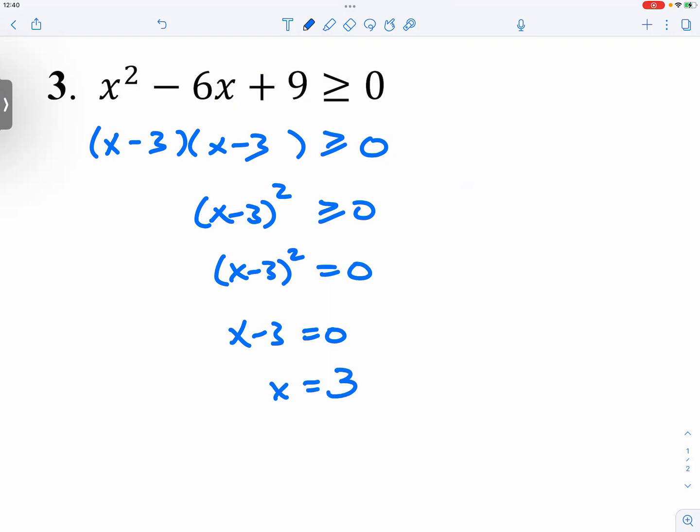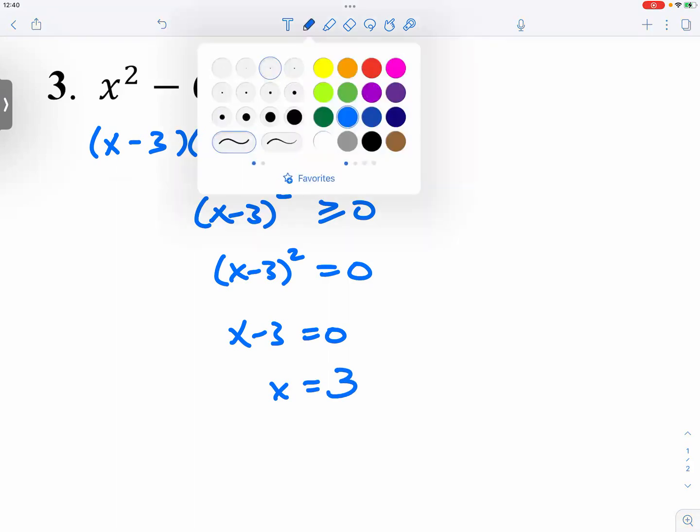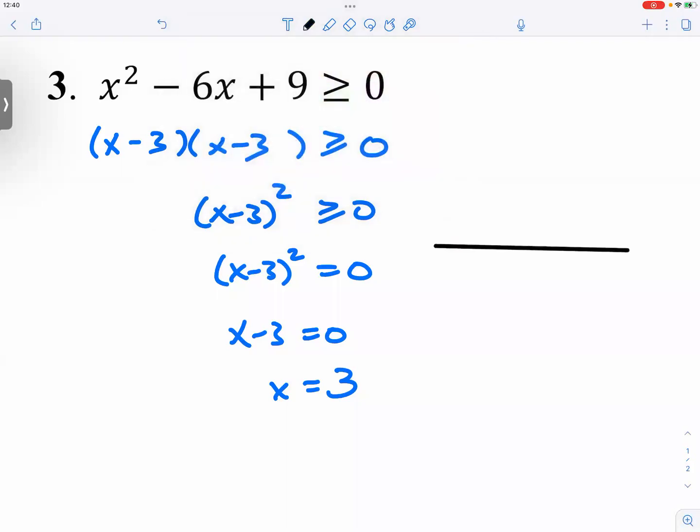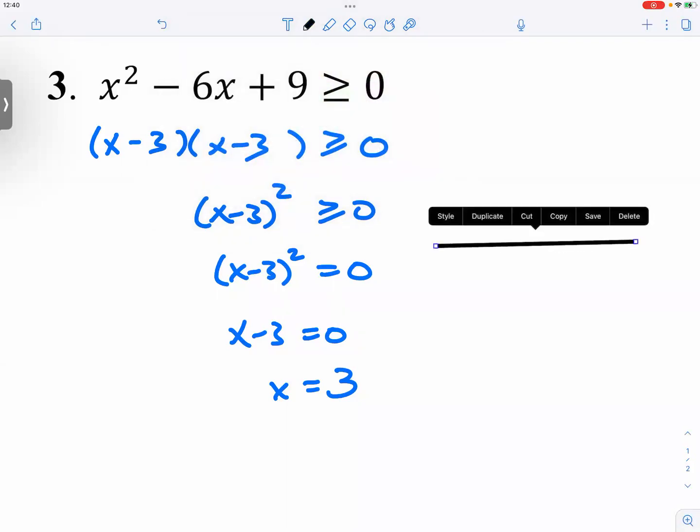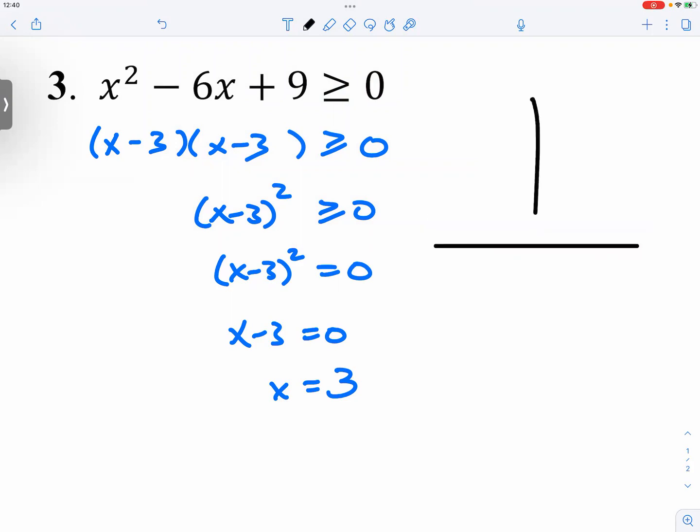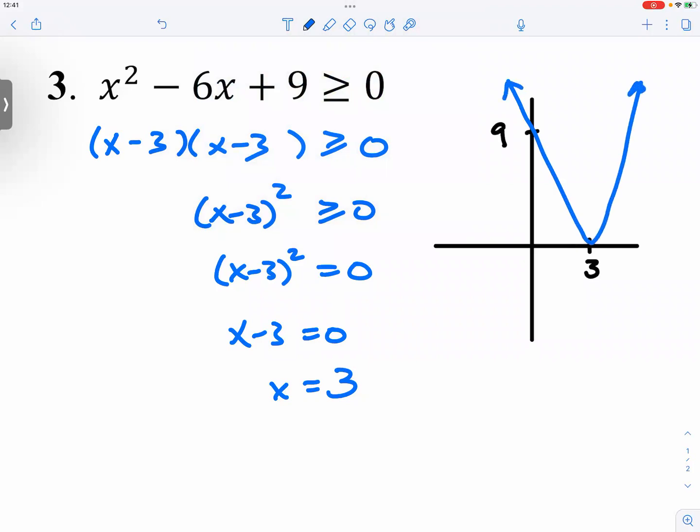Okay. You draw the graph. There will be one root at 3. Okay.